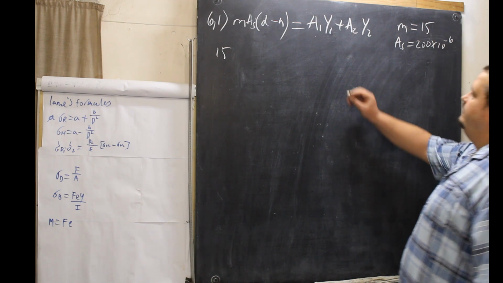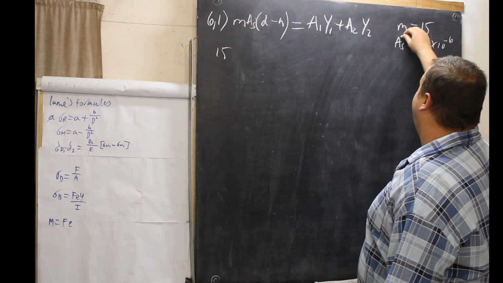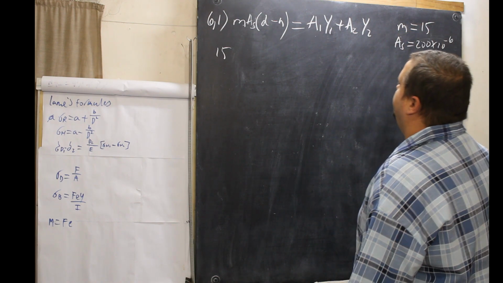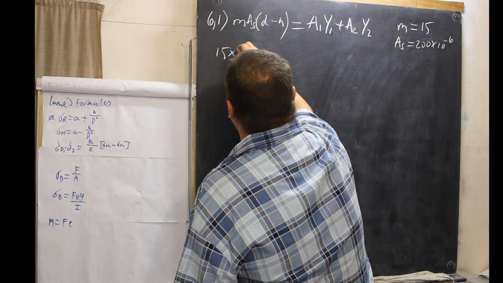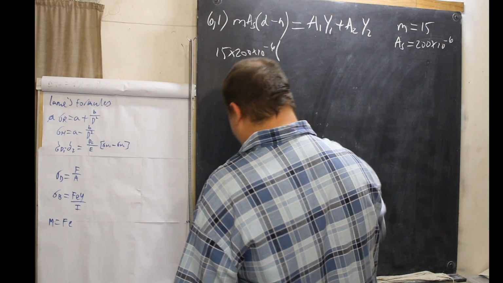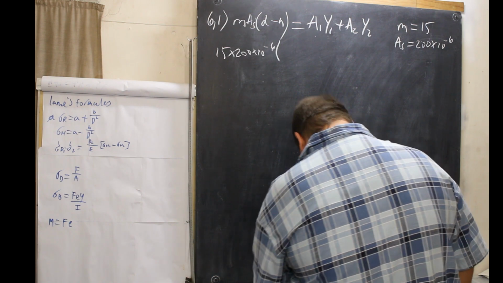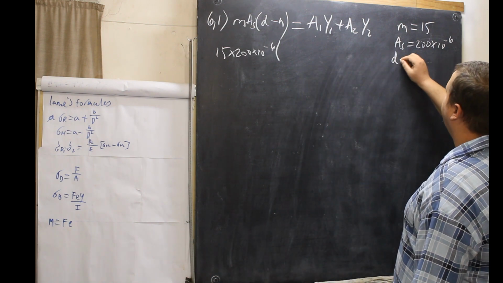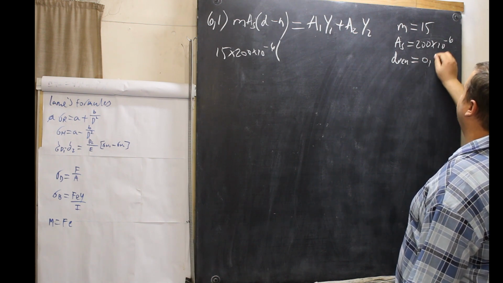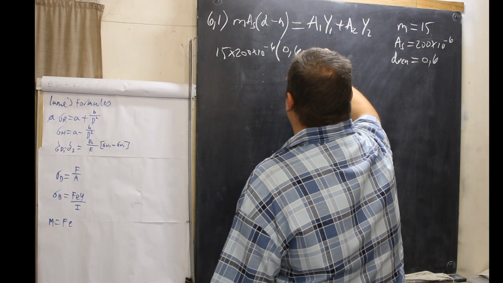Now we have d. d is 0,6, that's the depth of reinforcement. So this is 0,6 minus n.